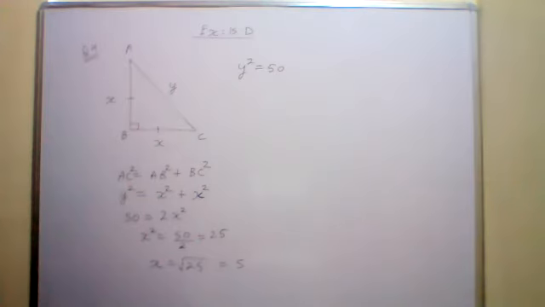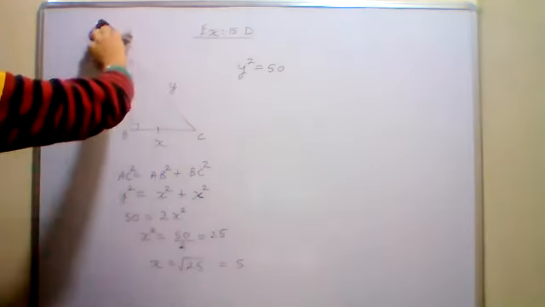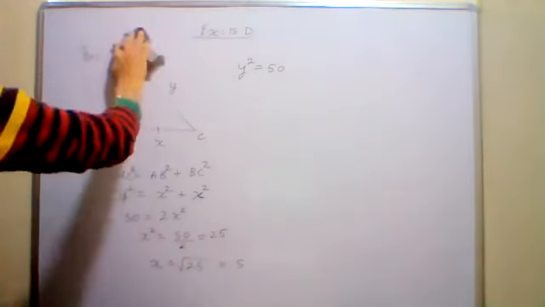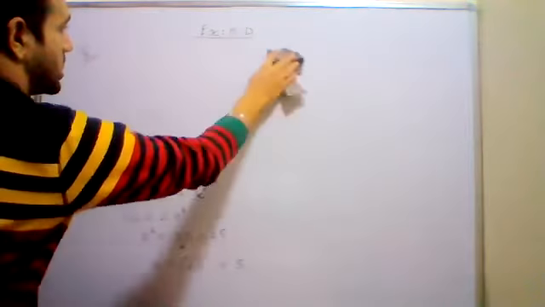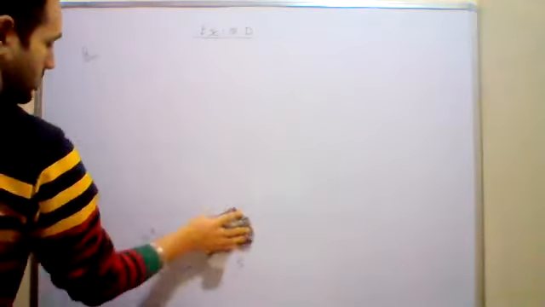Question number 5. The sides of a triangle measure 15, 36, and 39. Show that it is a right triangle. In question 5, all three sides of the triangle are given. We have to show that the triangle is a right triangle.